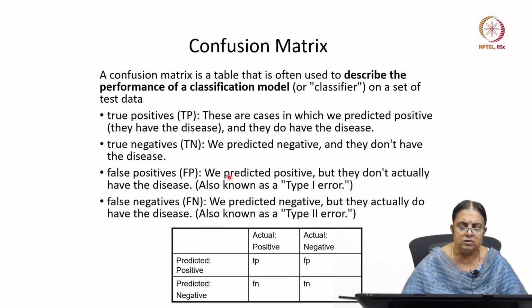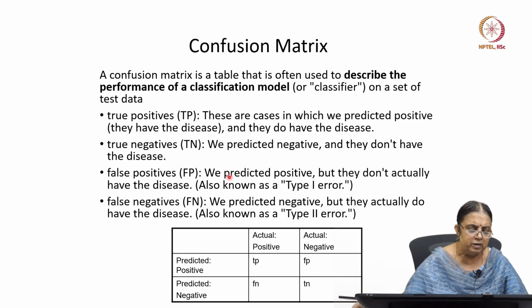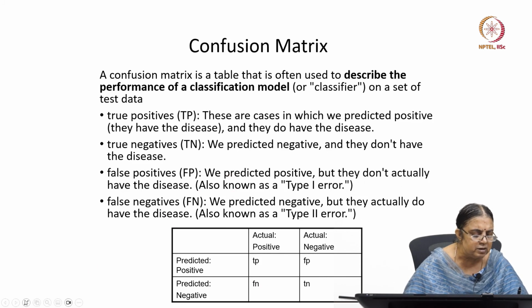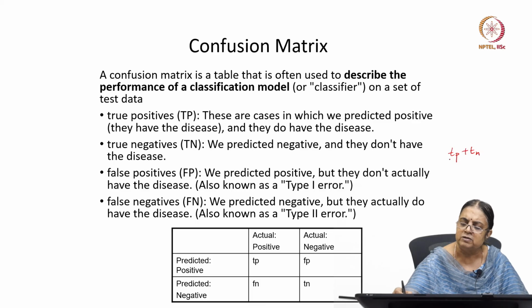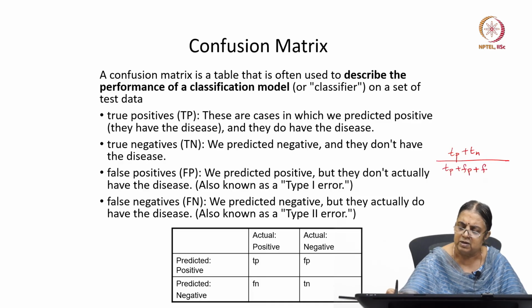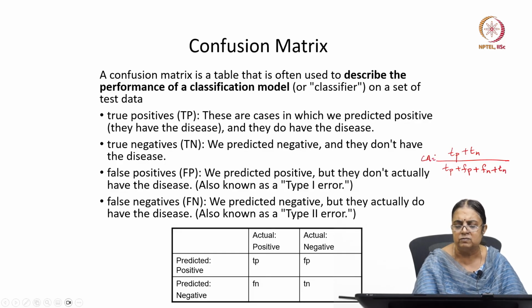So the classification accuracy of this data set would be equal to TP plus TN, which gives the number of examples which have been classified correctly, divided by TP plus FP plus FN plus TN.